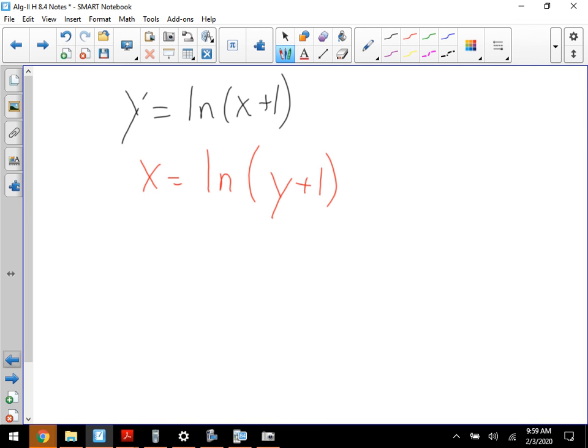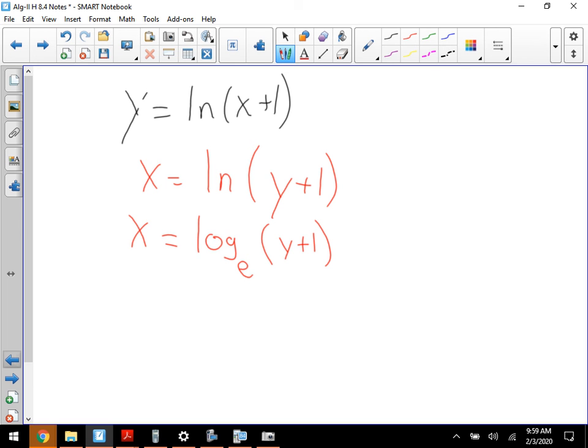And then what do you have to solve for? Y. You have to resolve the equation for y. Now, natural log is the same thing as what? Log base e. So I have x equals the log base e of y plus 1.